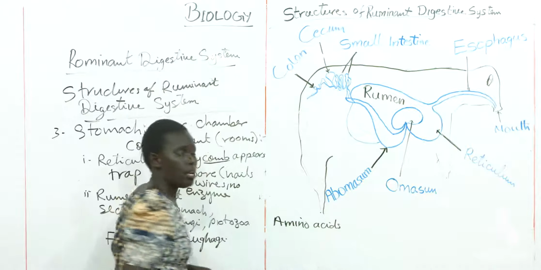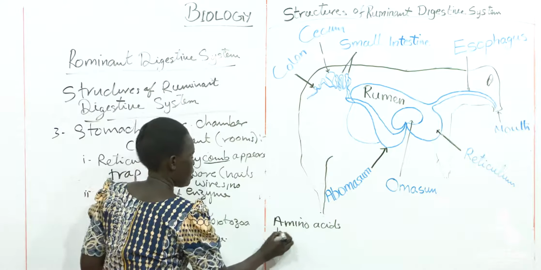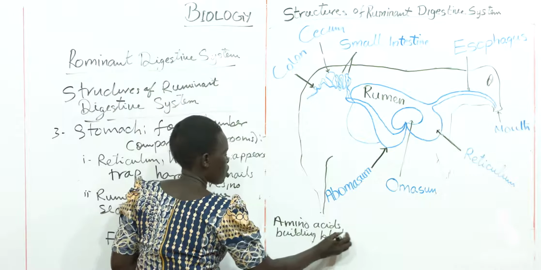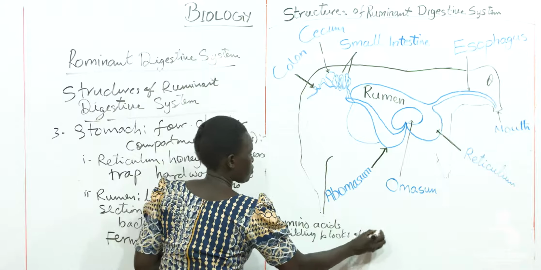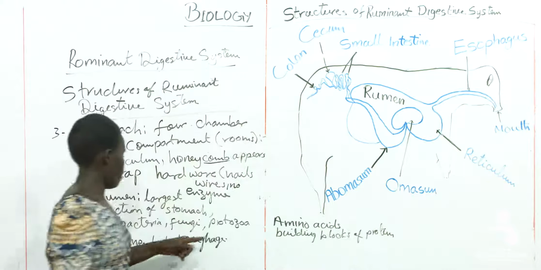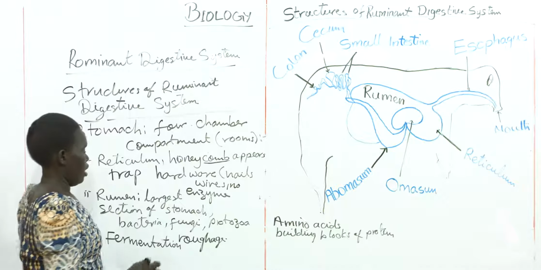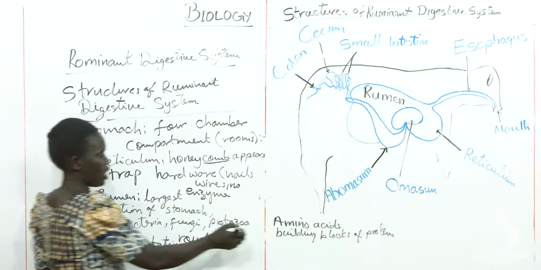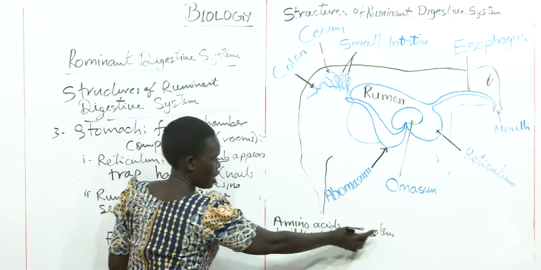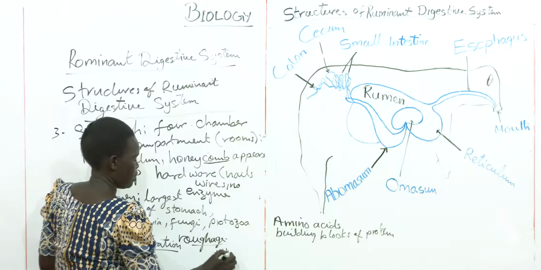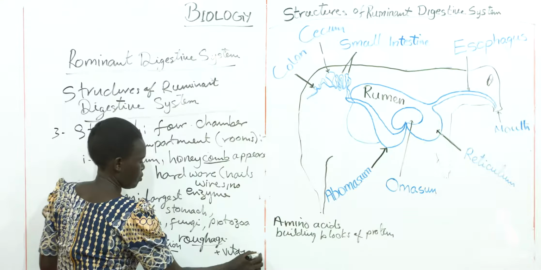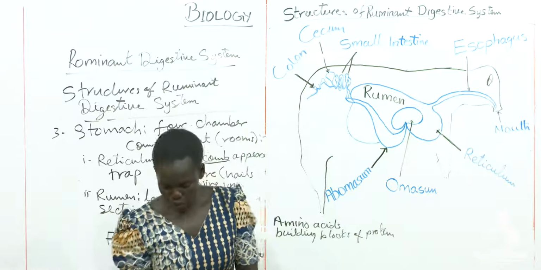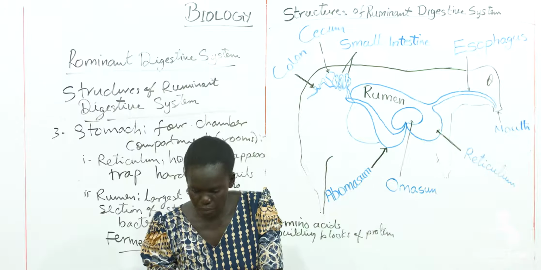And amino acids are the building blocks of protein. So the function of these living organisms is to digest the roughage through fermentation to produce the amino acids, which are the building blocks of protein, plus vitamins. This is in the second room, or the second section of the stomach.